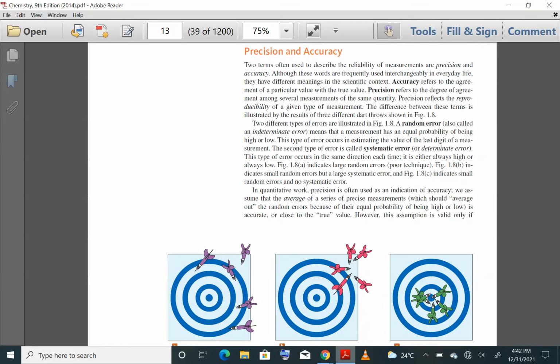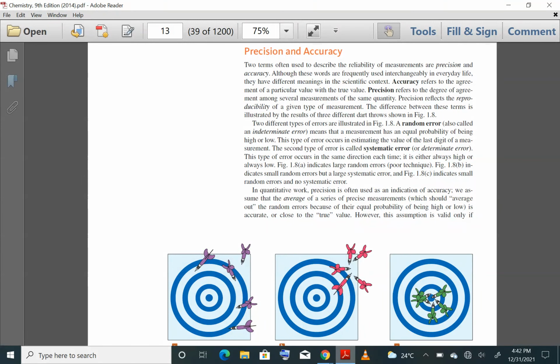This would make sense when you go to a lab and your demonstrator or tutor may have already done the titration and already has the answers, and then wants you to do the same procedure. He or she will compare your answers to the answers he or she found. So they are comparing the accuracy: they look at your answer, look at theirs, and ask how close is this answer, to what degree of agreement does this value have with a true value? So that's about accuracy.